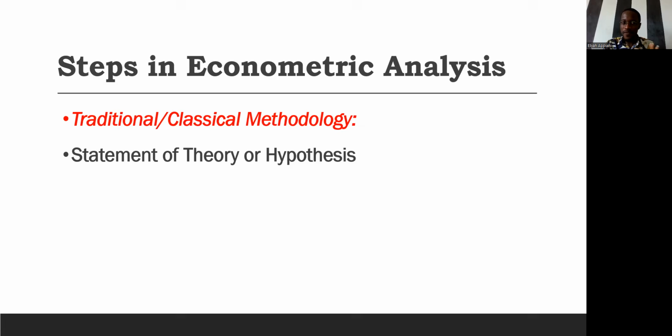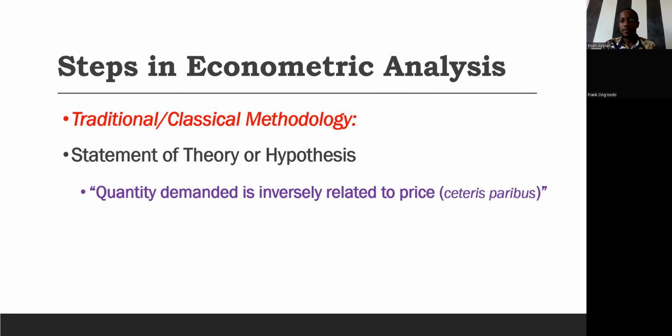We start with the first one as the statement of theory or the hypothesis. So, for example, the famous law of demand in economics is such that quantity demanded is inversely related to price. And for that matter, the thing is with consumers, when price increases, you are going to demand less. And if price decreases, you're going to demand more.